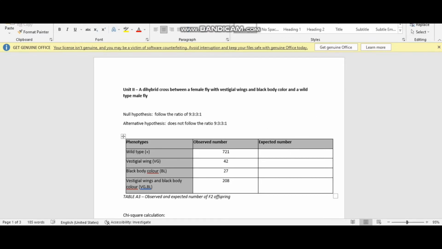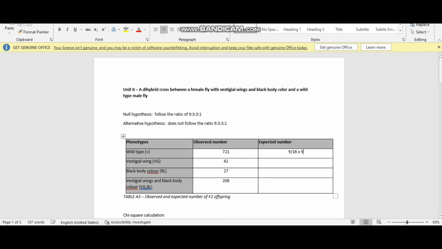So for the expected number, we're going to calculate from the observed numbers, and the formula is 9 over 16 times 1000. The total is 998.